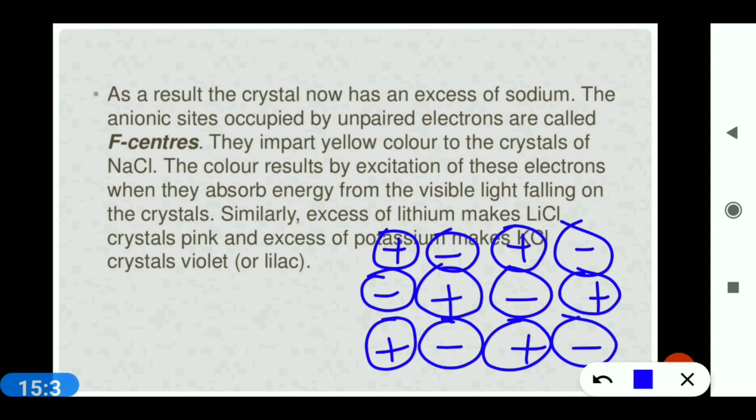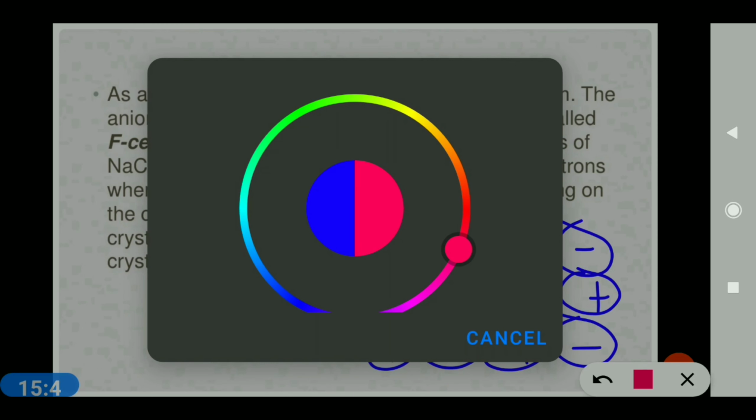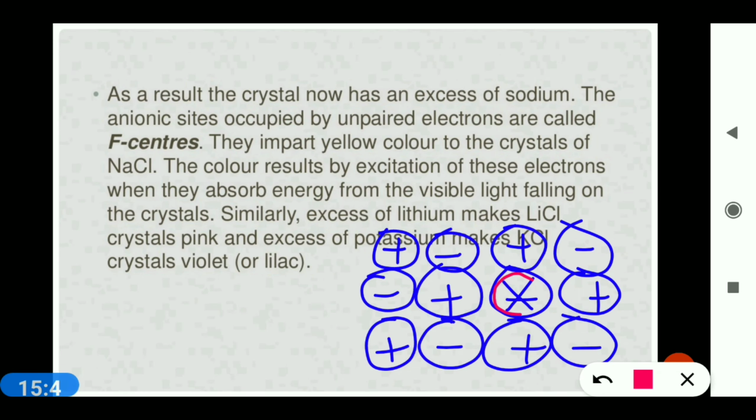So here the negative charge is removed, and instead of that an electron will come. So there is maintenance of electrical neutrality because the electron is there now.